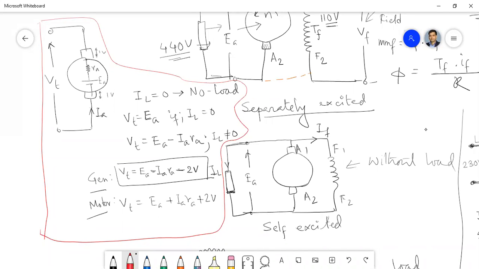Some fundamental things you should not forget throughout your engineering career, like the definition of load and the other fundamental things.